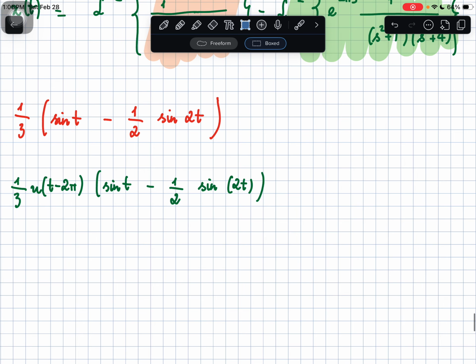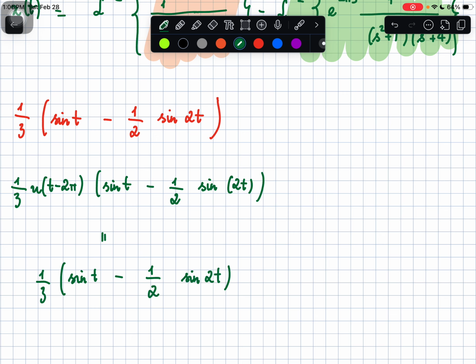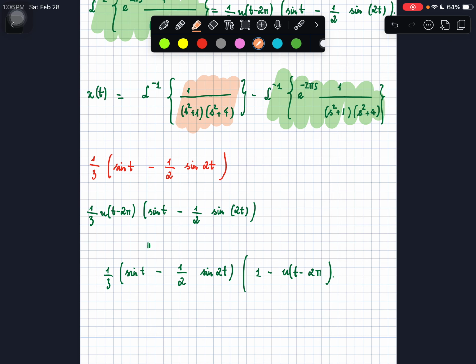So we see that we have 1/3 sine of t minus 1/2 sine of 2t in common. So let me write it as 1/3 (sine of t minus 1/2 sine of 2t) multiplied by (1 minus u(t minus 2 pi)). This is our answer for the solution x(t).